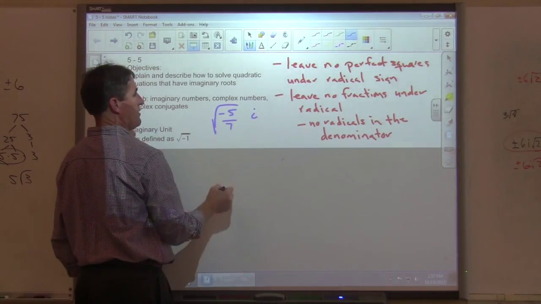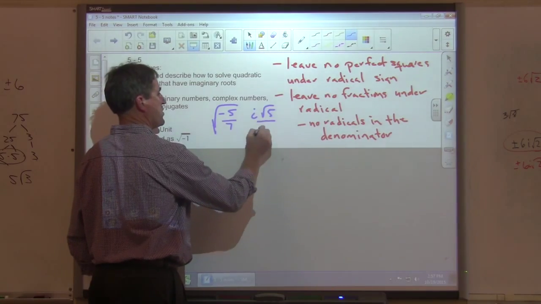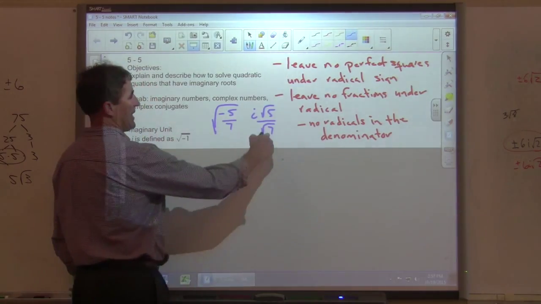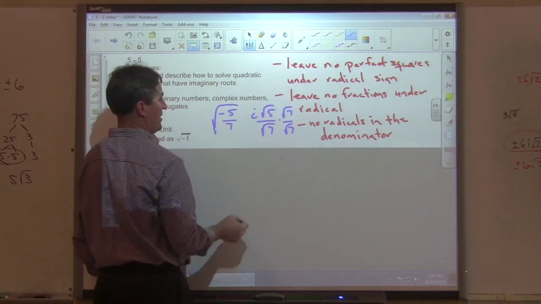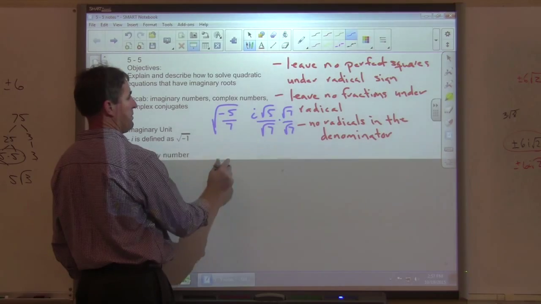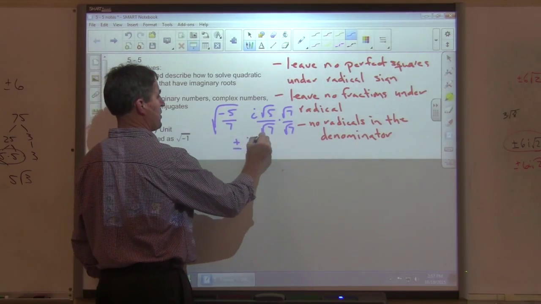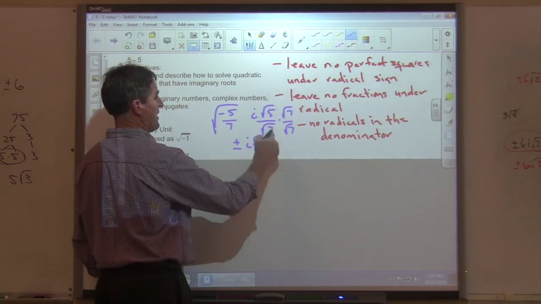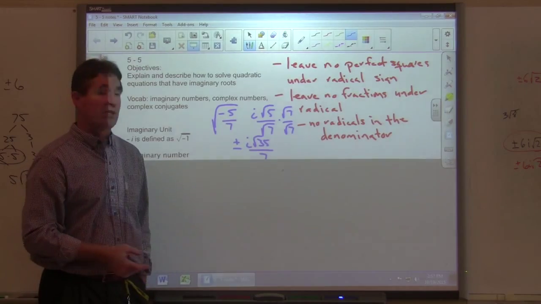We just bring an I out front, and we can break it up into the square root of 5 over the square root of 7. Then to get rid of this, we just multiply by square root of 7 over square root of 7. So our final answer would be plus or minus I square root of 35, 5 times 7, and square root of 7 times square root of 7 would be 7. And we would be done with reducing that.